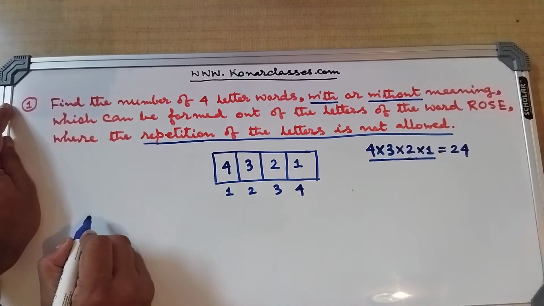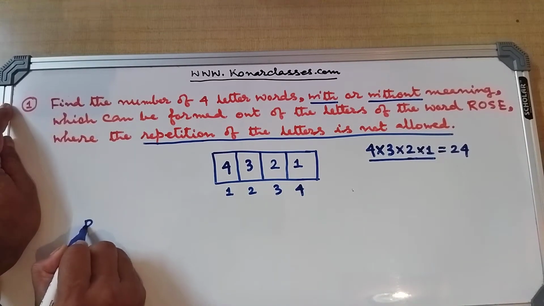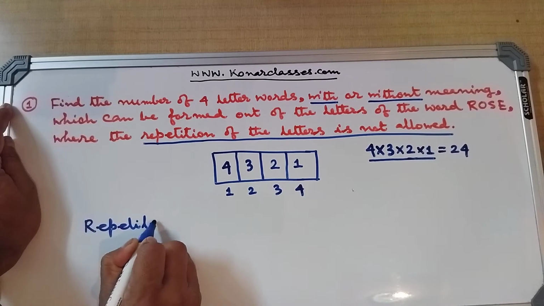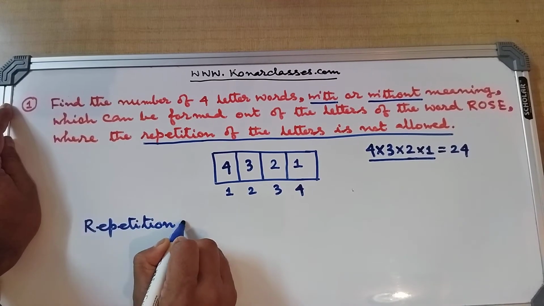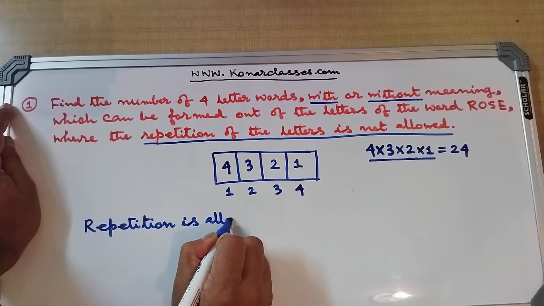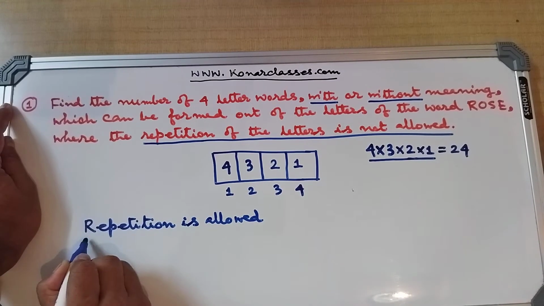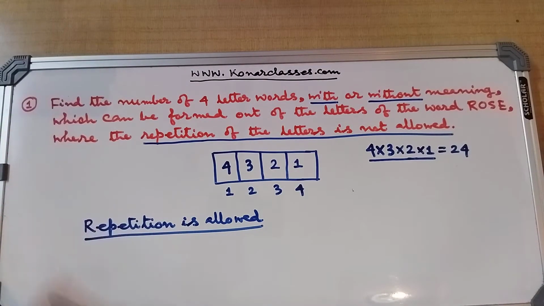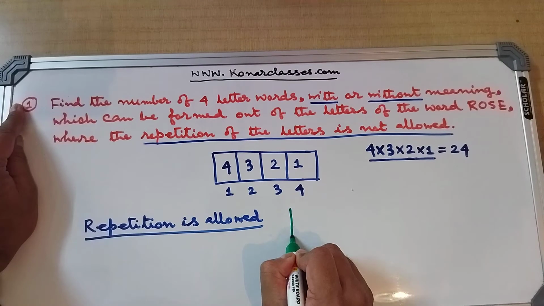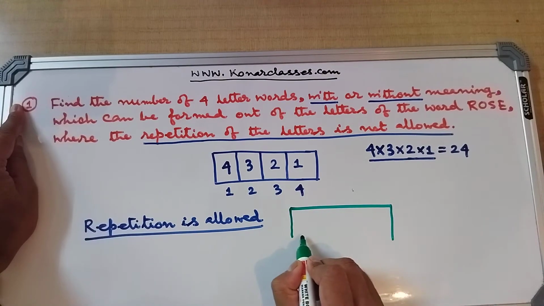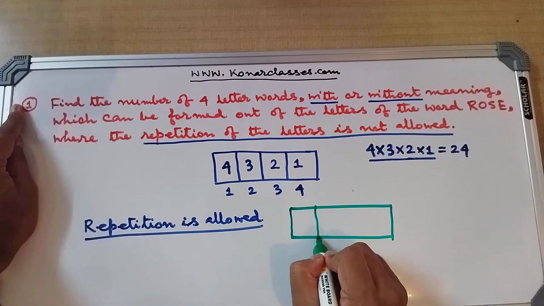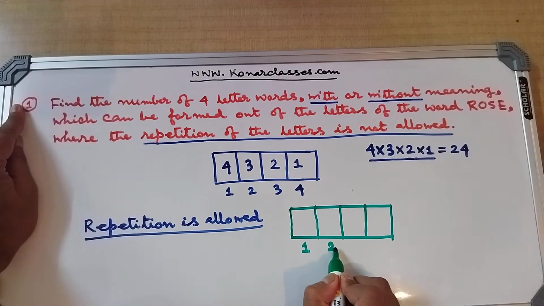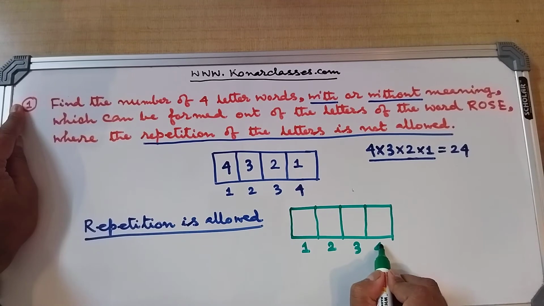Suppose we change this problem a little bit: the repetition is allowed. If repetition is allowed, dear students, how can we represent that problem? Here also you can make these 4 places: the first, second, third and fourth place.